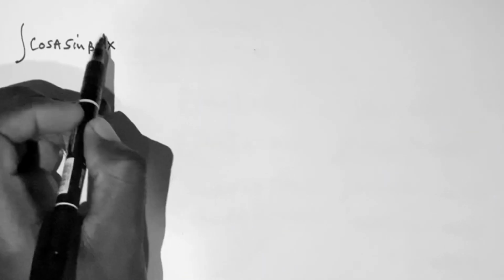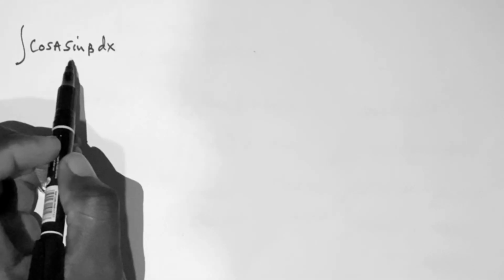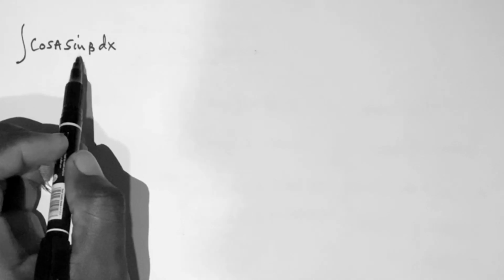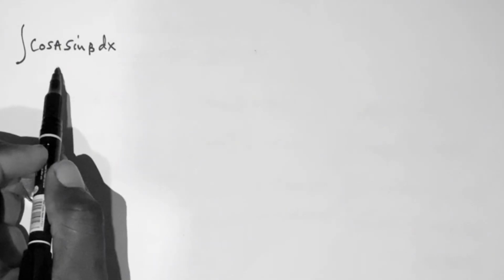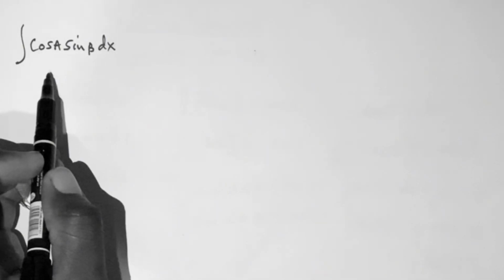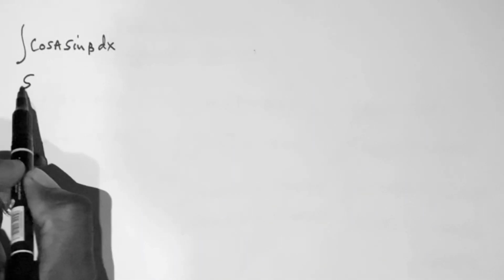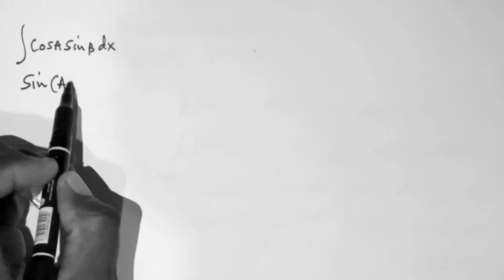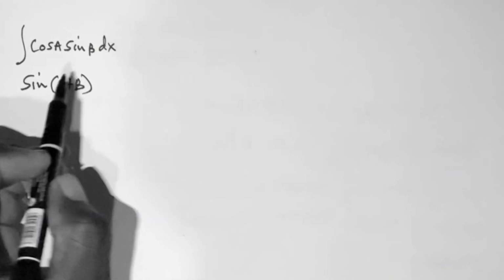To be able to integrate functions of the form integral of cos A sine B dx and like forms, what we need to first look at is the expansion of sine A plus B, sine A minus B, cos A plus B, and cos A minus B. So now, what is sine A plus B?